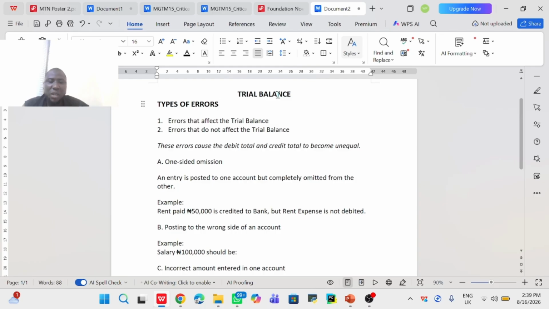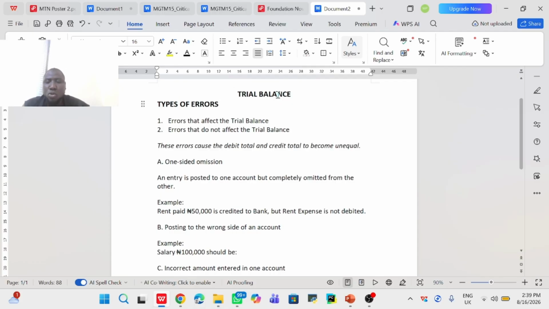Errors that affect the trial balance are the errors that make your trial balance not be balanced. They are the errors that make your debit side not equal to your credit side, and your credit side not equal to your debit side. For example, you have 30,000 naira as your debit and 25,000 naira as your credit.